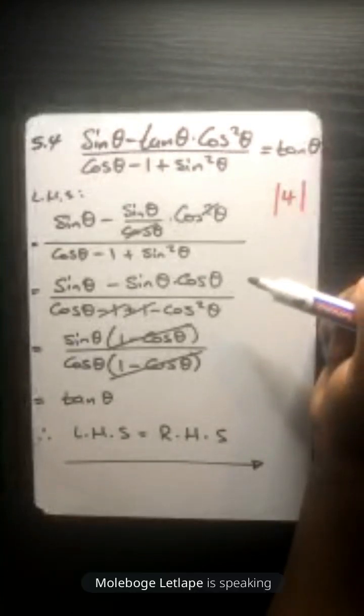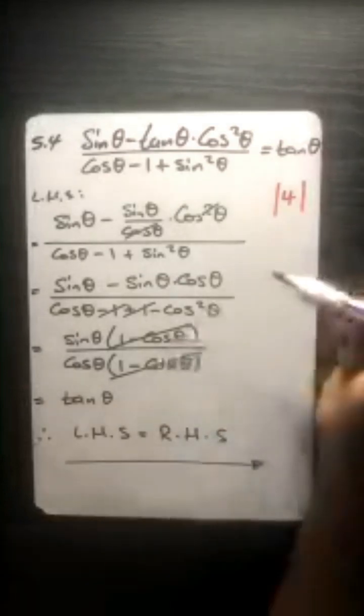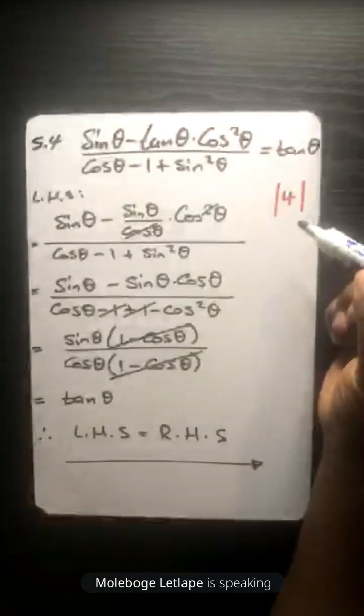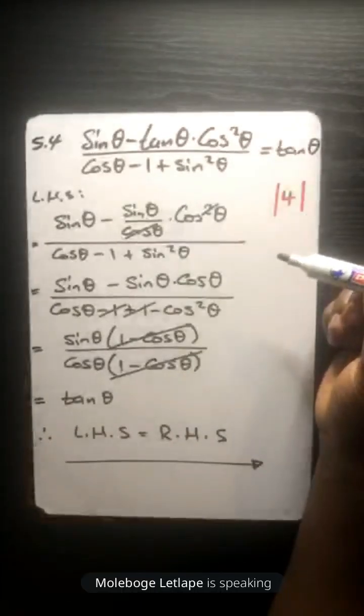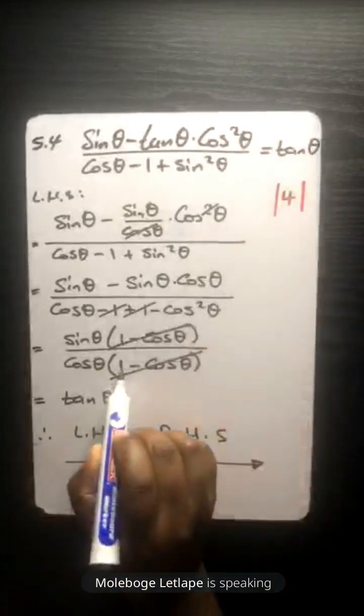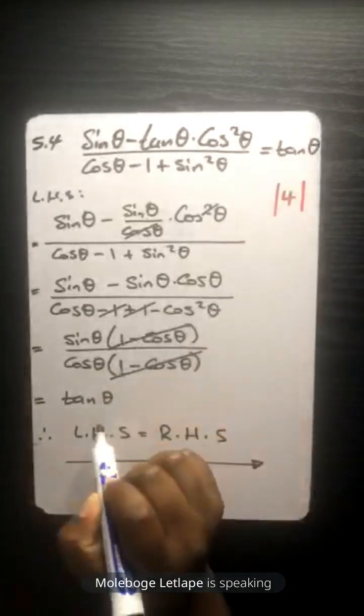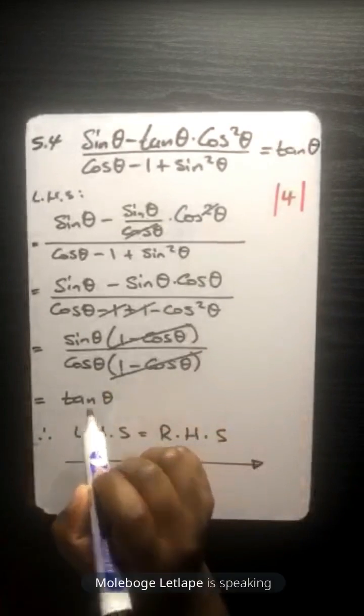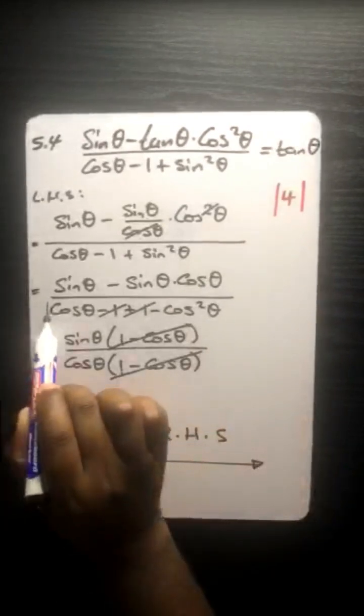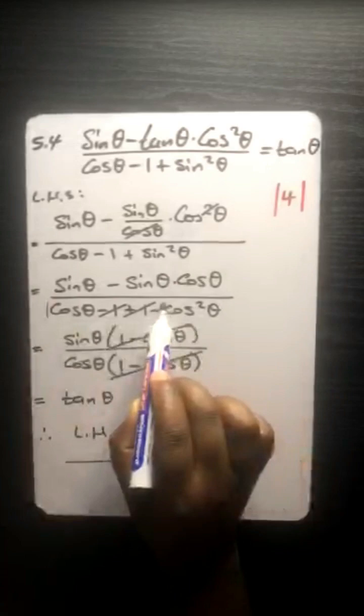Okay, now I understand that there is a common factor. That invisible one there, and there's another one there.